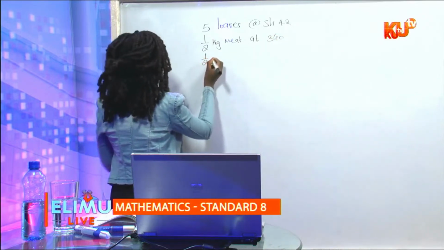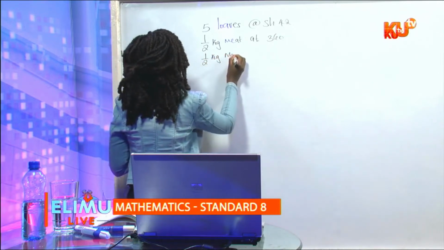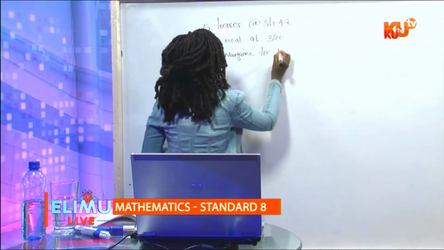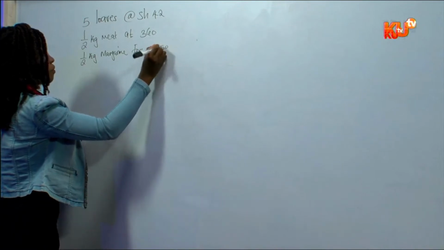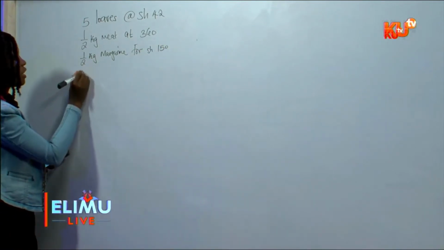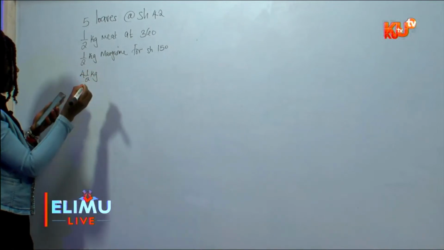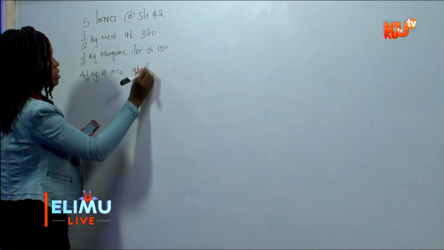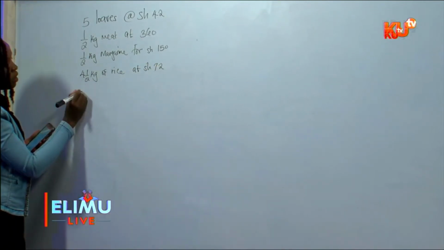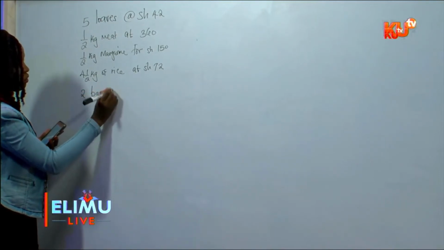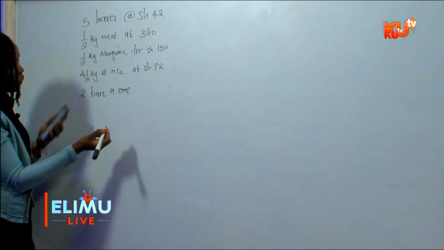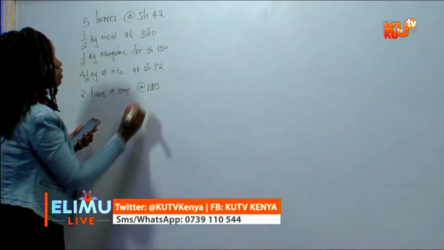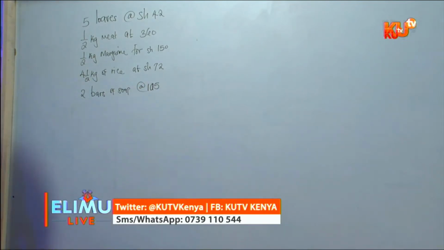We have a half kg of margarine for 150 shillings, and then we have 4.5 kg of rice at 72 shillings per kg, and then we have 2 bars of soap at 105 shillings. So we start by preparing the bill.